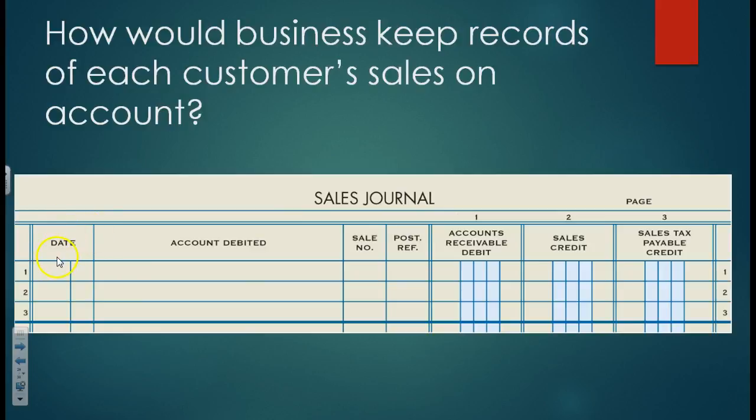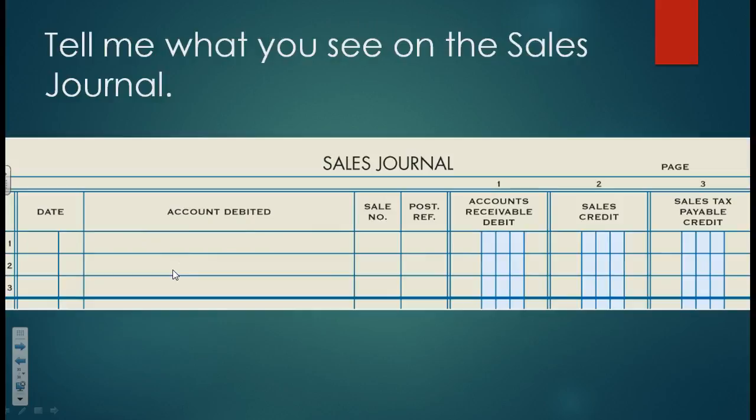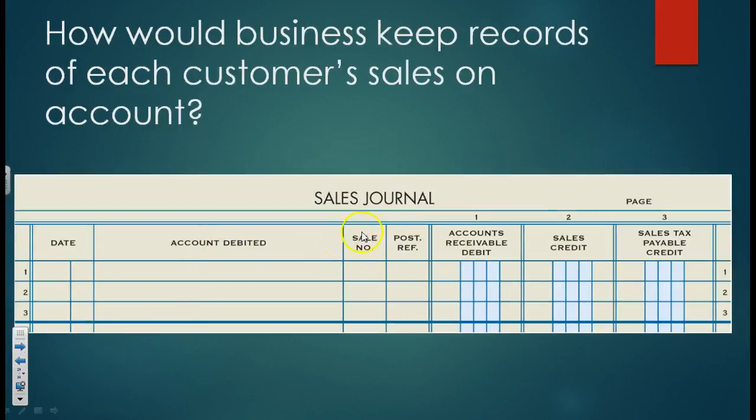Okay, so we have the date, the account debited. What would we write here? Yes, we would write the customer name. Okay. The sale number, accounts receivable debit, sales credit, because this shows that the sale is the credit.